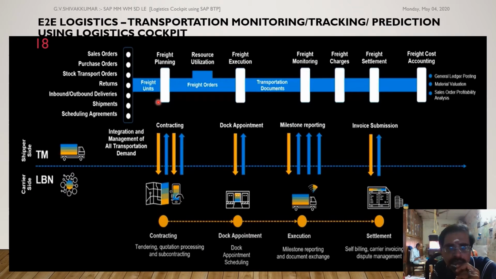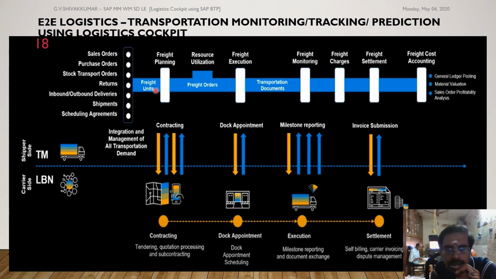So here, end-to-end logistics using transportation monitoring, tracking, prediction using the logistic cockpit, BTP SAC. So what are all the activities you are planning here? Say sales order creation, purchase order creation, stock transport order, returns from vendor or customer, inbound, outbound delivery, shipments, scheduling agreements.